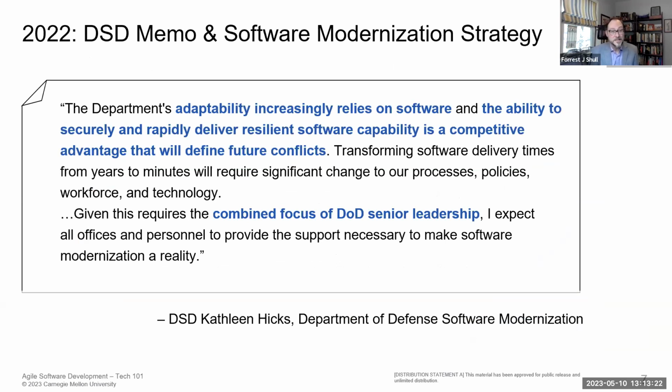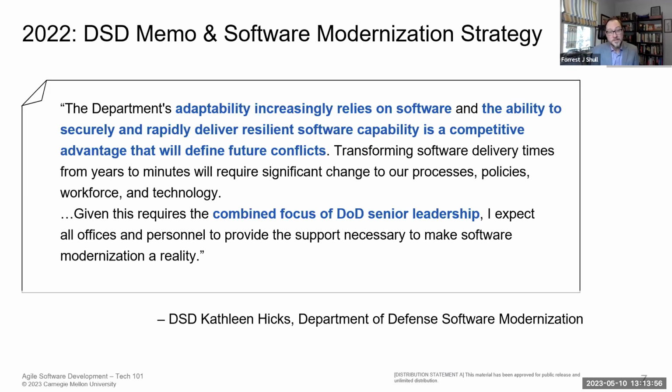And so I think it's nice to point to the 22 memo on the software modernization strategy that was signed out by SecDef Hicks, where again, she reiterates that our capabilities are increasingly reliant on software, that we as a department to compete need to have this ability to securely and rapidly deliver software capabilities that are going to make such a difference in the future conflicts that we're expecting to be engaged in.